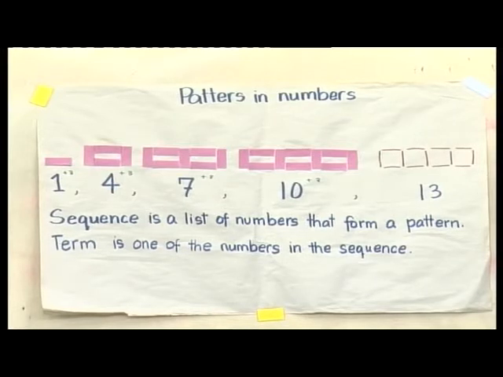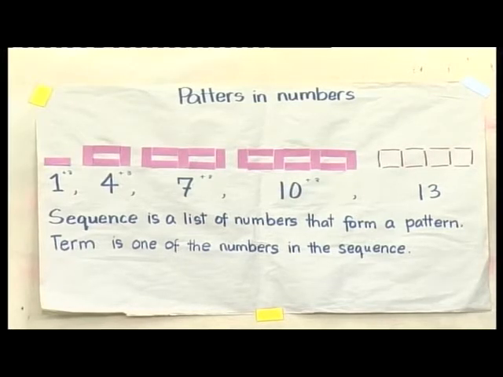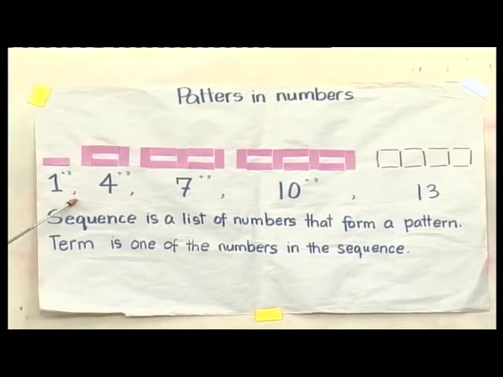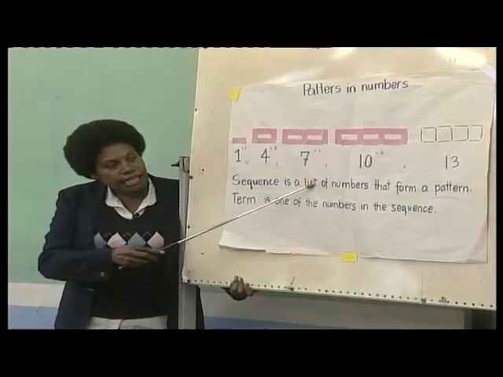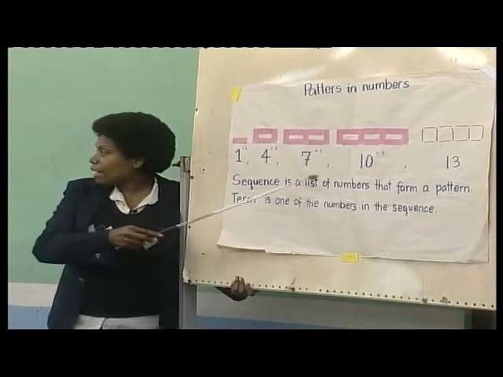Receiving students and class, in the pattern of numbers, you have a sequence, or a linear sequence. A sequence is a list of numbers that form a pattern.